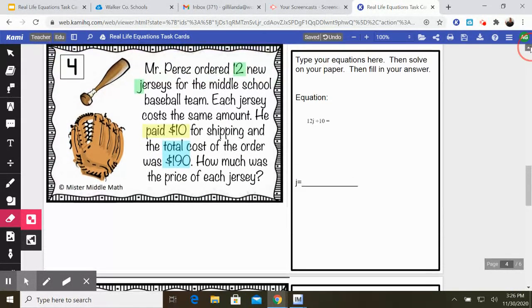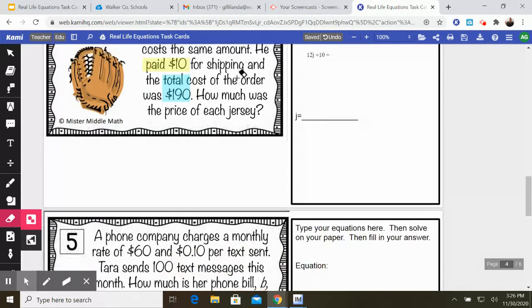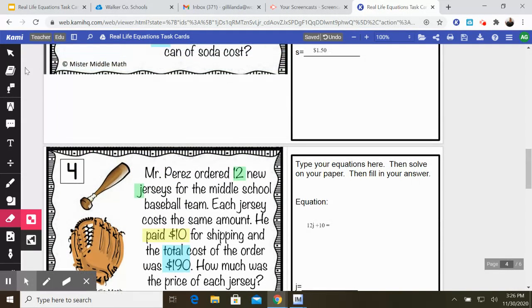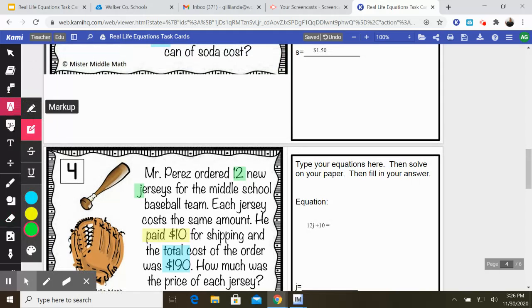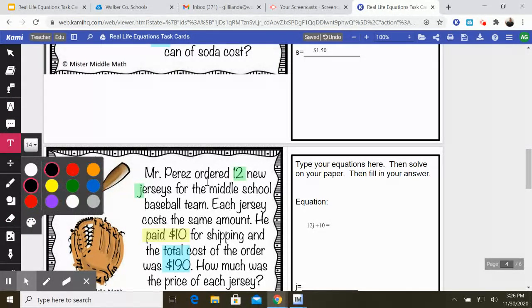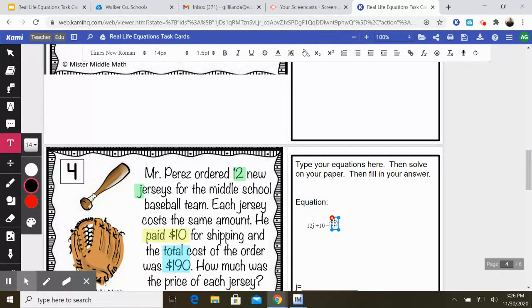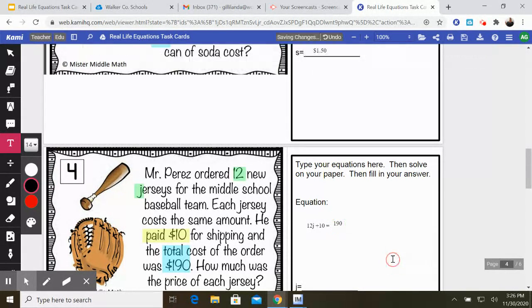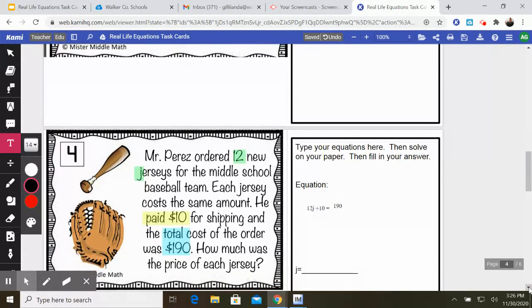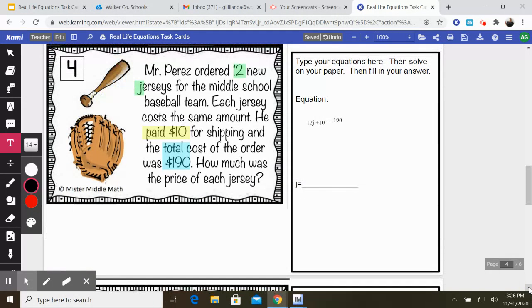Let me fix it. His total was $190. Okay, so let's go to the paper. 12J plus 10 equals 190.